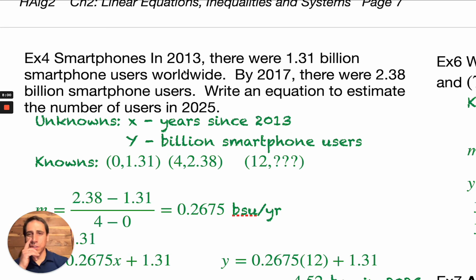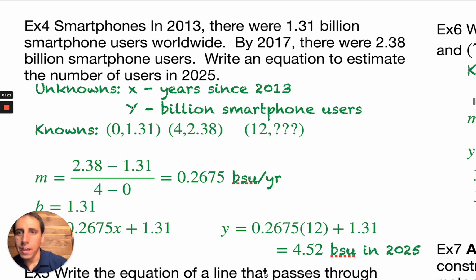You could just say the first x value would be 2013 and the next x value would be 2017, but this simplifies the math a whole lot if you just say years since and call this your starting year. Way easier to graph, way easier to calculate. So years since 2013. And then the y variable is going to represent billions of smartphone users.